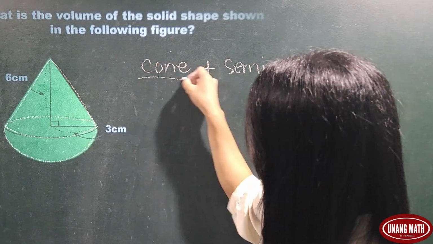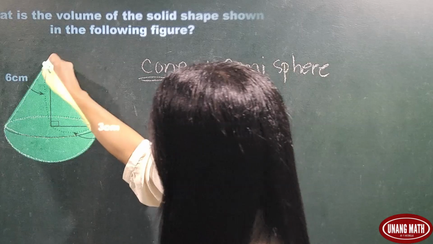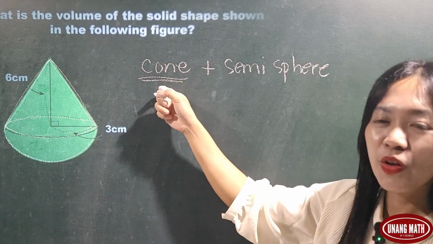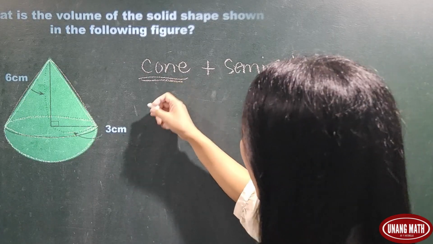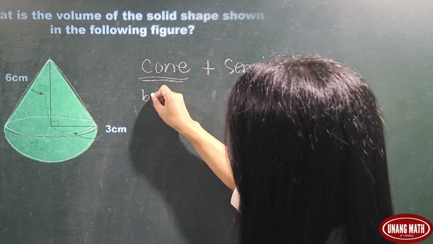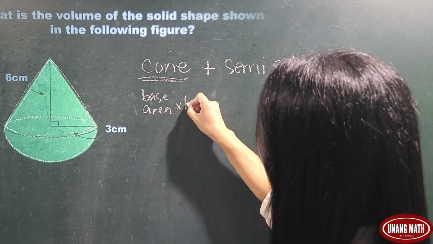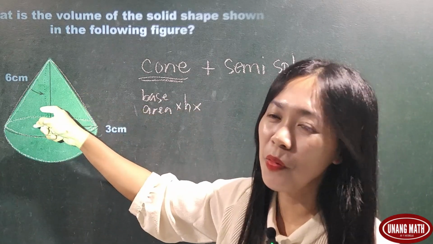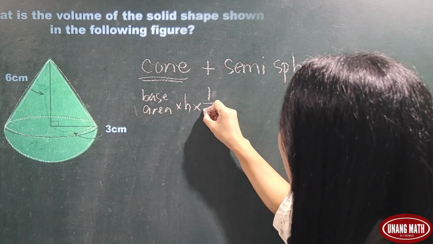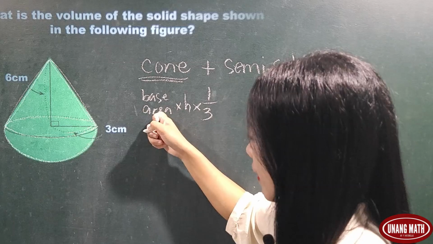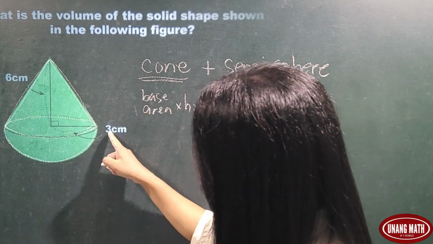First, let's find the volume of this cone. To find the volume of this cone, we have to get the area of the base. We have to multiply this by the height, and since this is a cone, multiply this by 1/3. Let's get the area of the base.